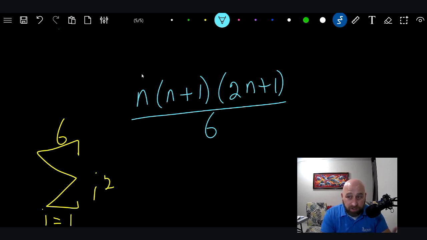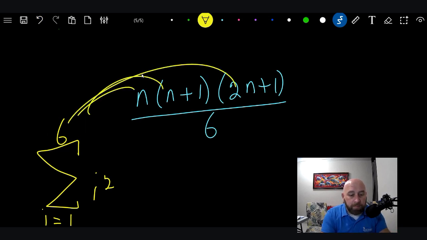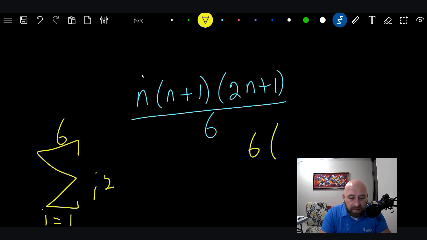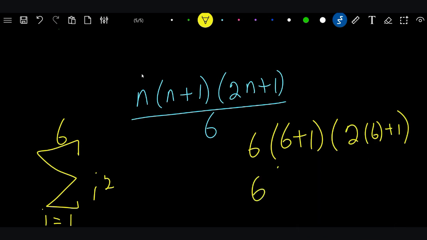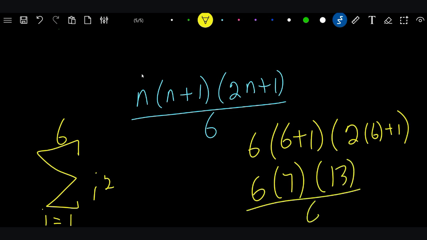Okay? Just trust me on the formulas. You just got to plug into them. The only thing you need here really is the upper bound. You're just going to plug the upper bound in those 3 spots, and you're going to get 6 times (6 plus 1) times (2 times 6 plus 1). All right, so 6 times 7 times (12 plus 1), 13, divided by 6.